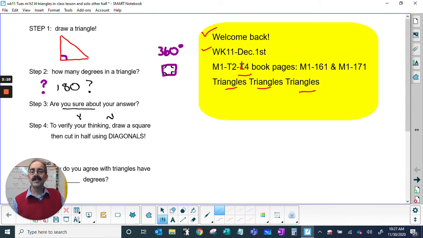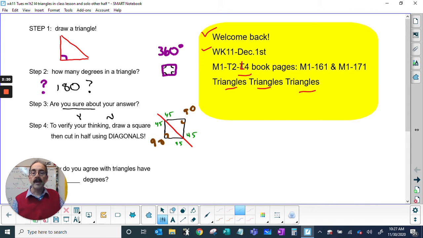Now we're going to take a square and cut it in half. Remember, we know that we have a 90 and a 90, but if we cut it in half, we've created two 45s. Two 45s.